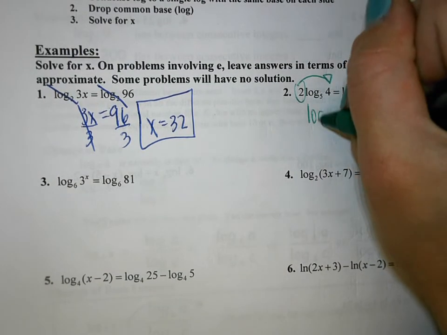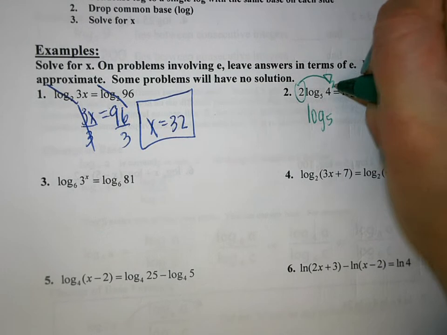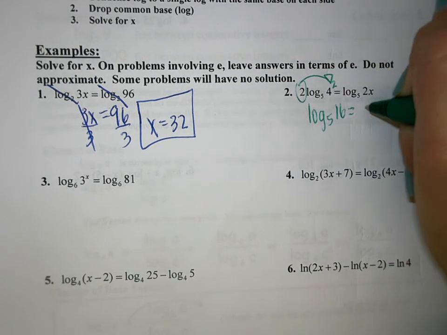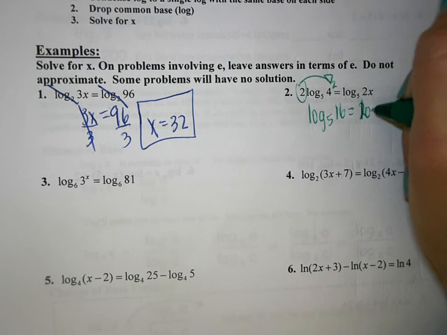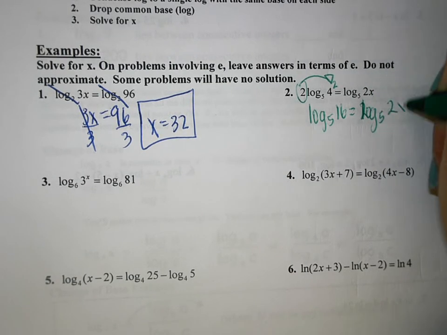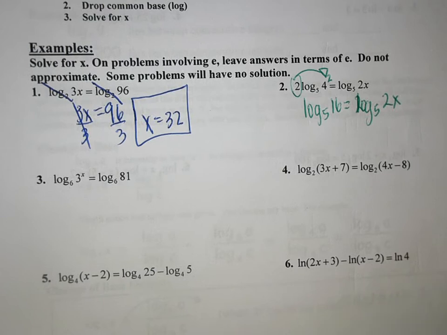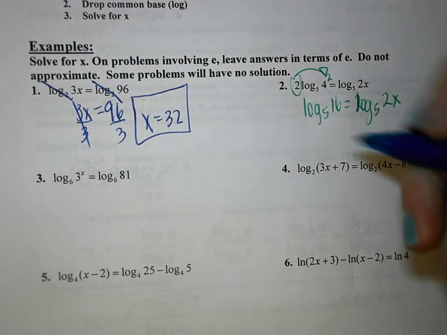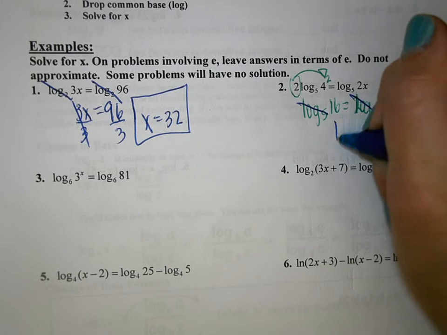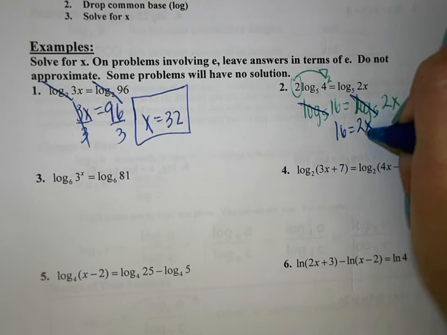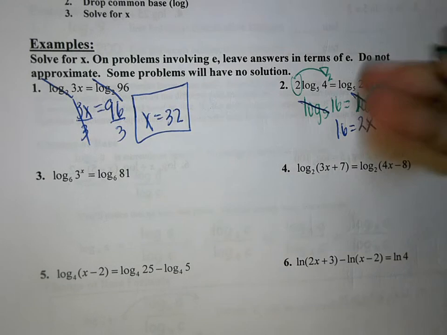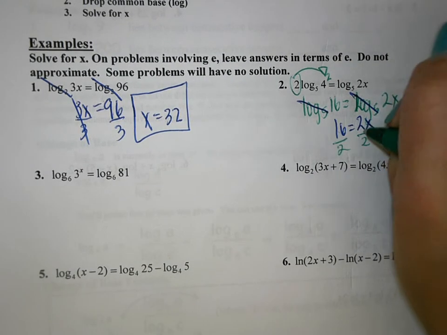So we're going to have log base 5, and when I have 4 squared, what is 4 squared? 16 equals log base 5 of 2x. So now that we have single logs on both sides, what can I do? You can drop the logs. And we get 16 equals 2x. And the last thing we'll do is divide by 2 to get x equals 8.